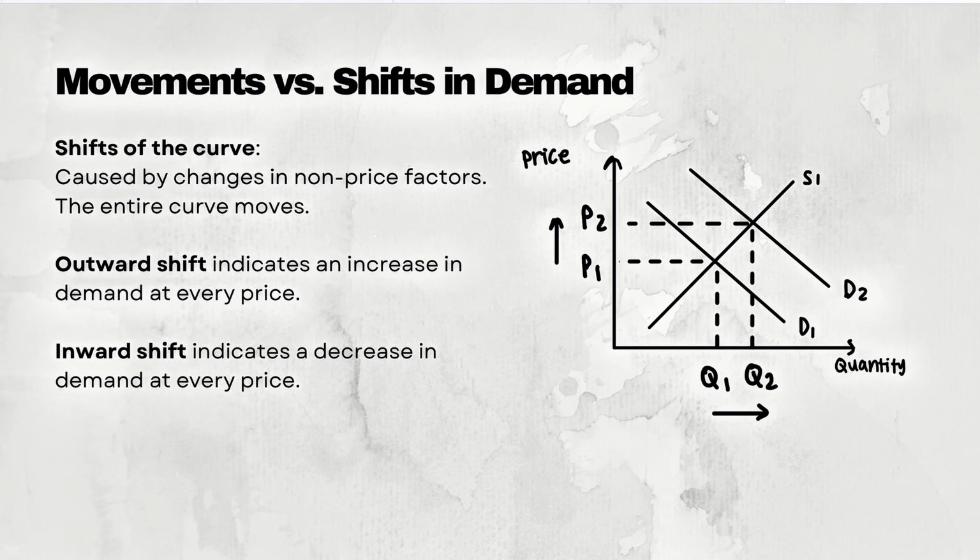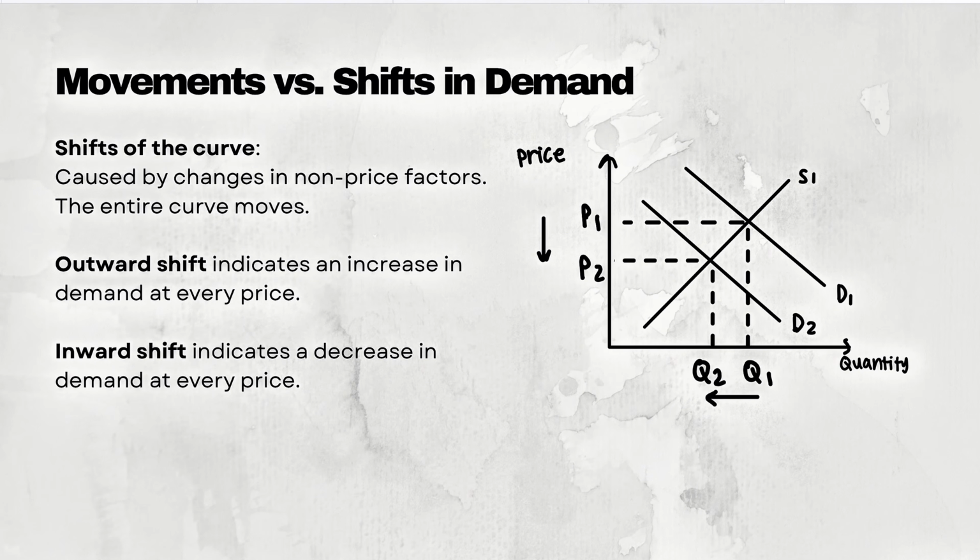You can see that the old equilibrium is shifted to the right here, which results in an increase in price from P1 to P2 and an increase of quantity from Q1 to Q2. And an inward shift goes the opposite, as D shifts to the left from D1 to D2, price falls from P1 to P2, and quantity falls from Q1 to Q2.